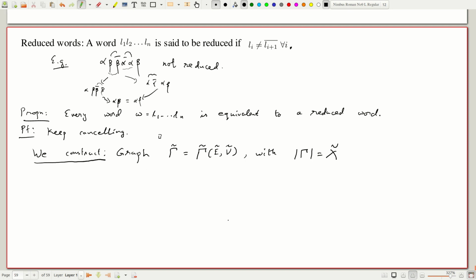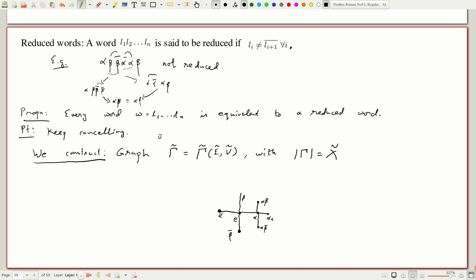And what is this graph? This graph looks like the following. I have E here, and then adjacent to this I have all the single letter words, alpha, beta, alpha bar and beta bar, and adjacent to alpha I further have two letter words which are reduced. So I can go to alpha alpha, alpha beta bar, and alpha beta.